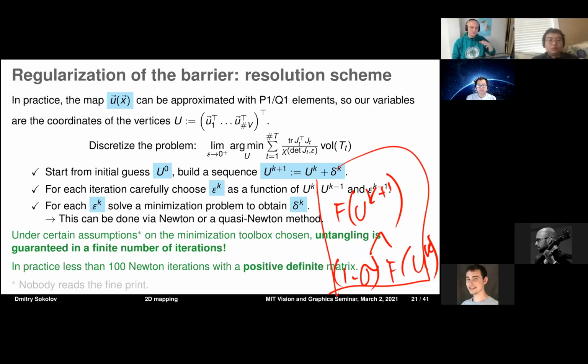For example, a minimization toolbox that gives you the global minimum will succeed, but we have weaker conditions on the convergence. So to sum up, in practice, I do not have any proof that a particular existing toolbox will find the admissible map. However, in all our tests, we have succeeded.